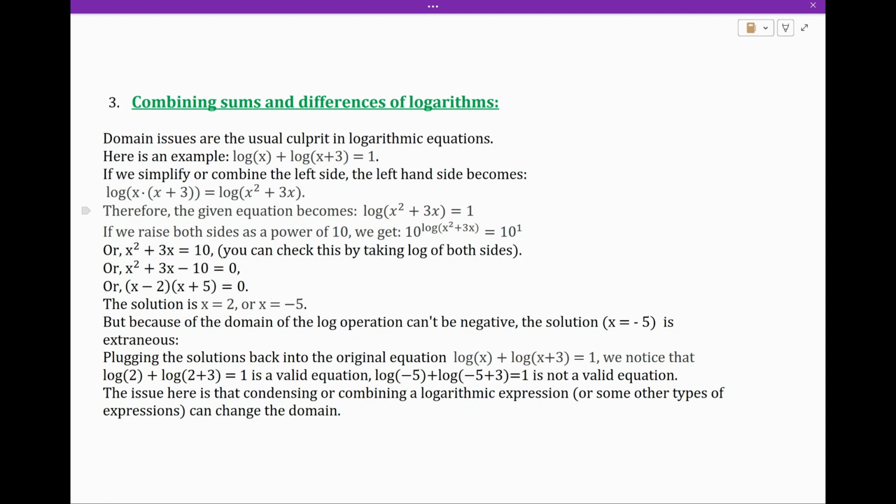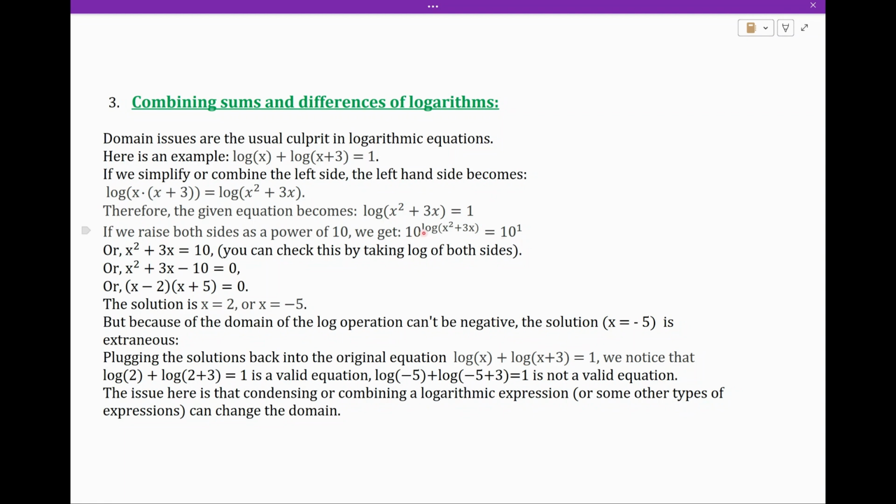Remember, raising something to the power of 10 and taking the log of that are invertible or reversible operations. So if you raise both sides as a power of 10, we get 10 to the power of log x square plus 3x is equal to 10 to the power of 1.